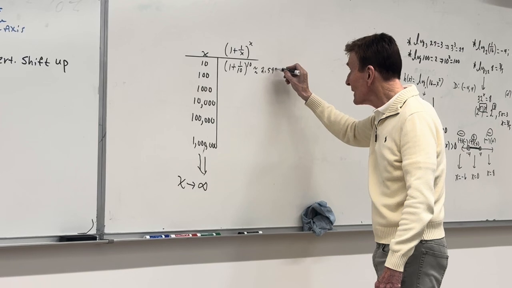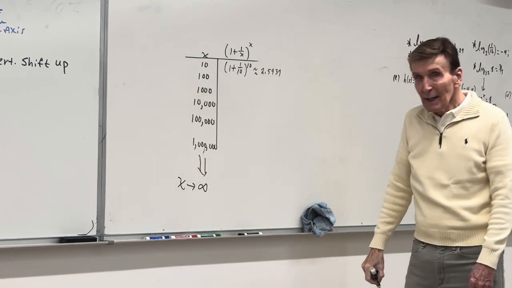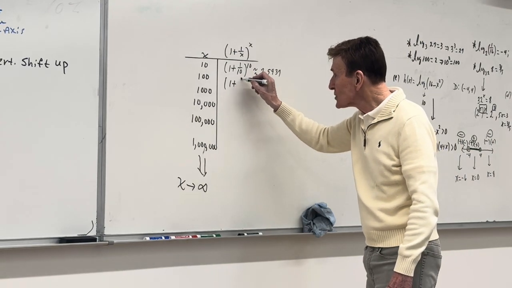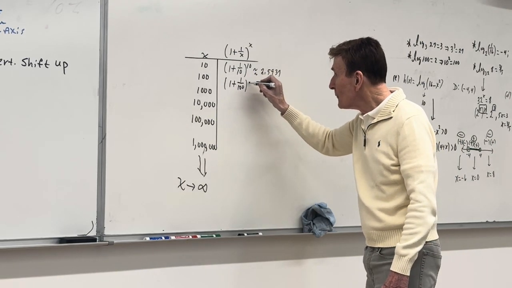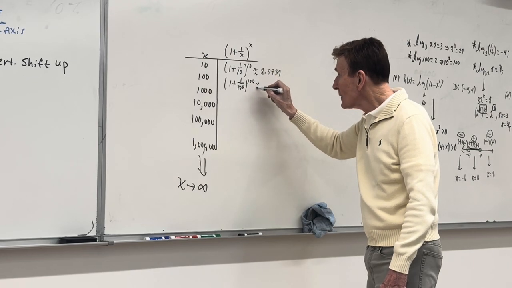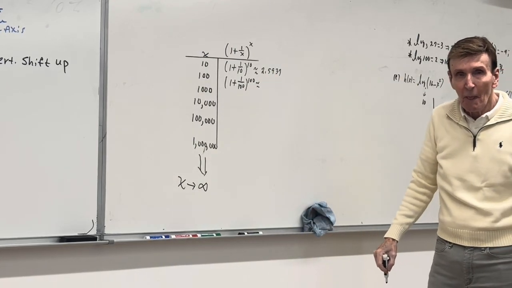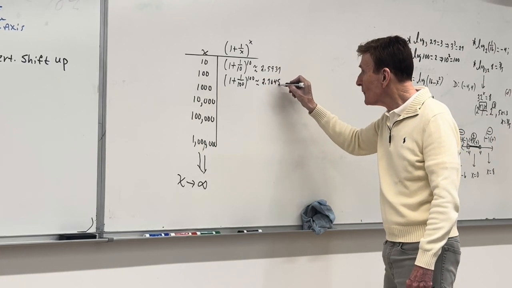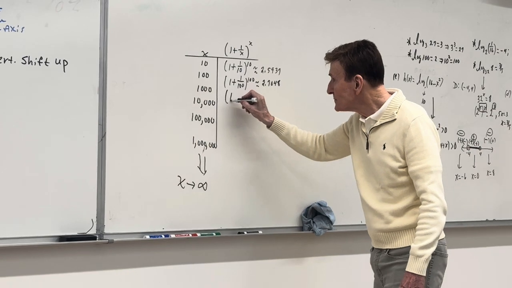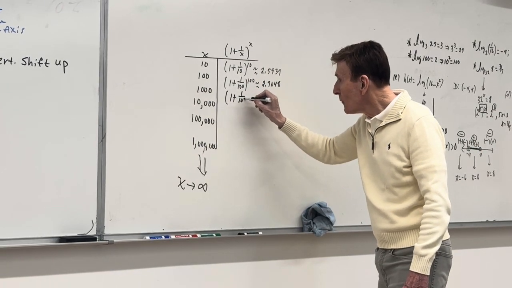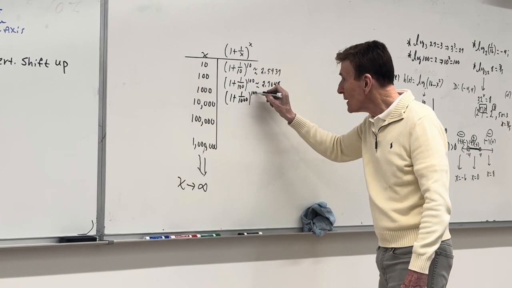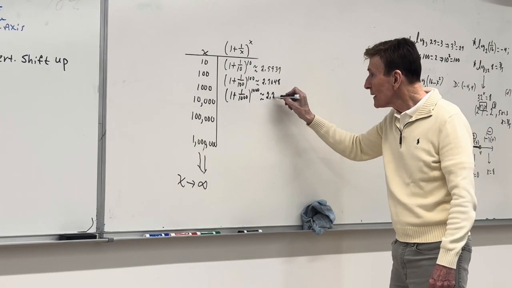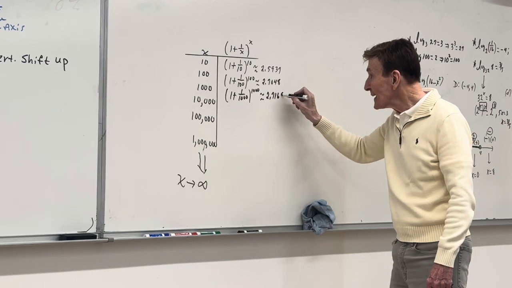Now we're going to try 100 in that strange expression. 2.7048. Beautiful. Try 1,000, raised to 1,000. 2.7169.